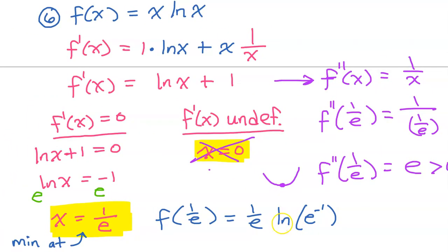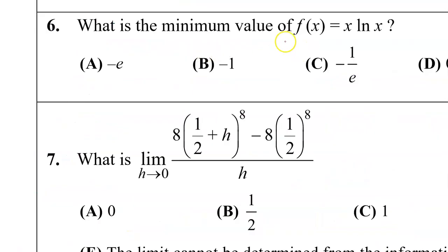Natural log and base e cancel each other out, just leaving behind the negative 1. So that's why the answer is going to be 1 over e times negative 1, or simply negative 1 over e. That's why the answer is C.